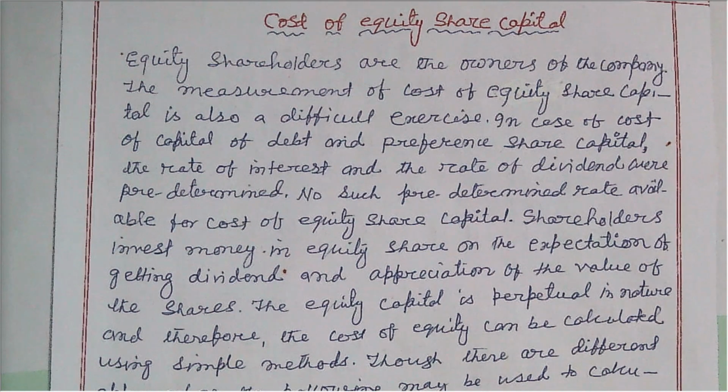But such a predetermined rate of dividend is not available in the case of equity share capital. It is determined by the board of directors at the end of the financial year based on the profit of the business, and shareholders may or may not get a dividend on equity shares. That is why it is a very risky capital.